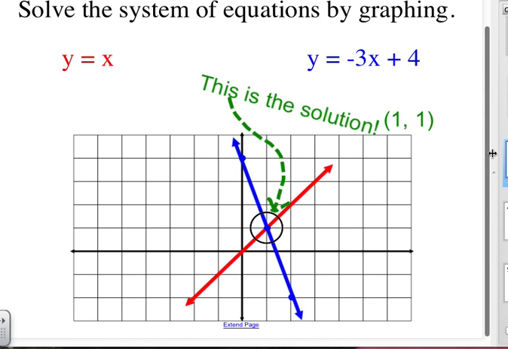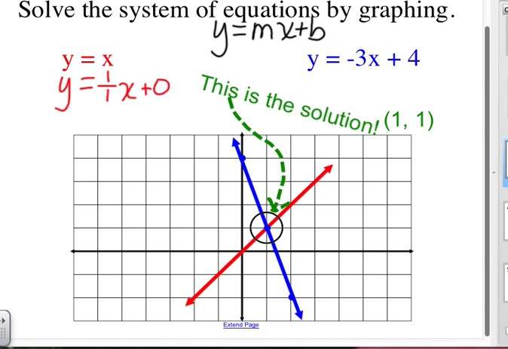Just to make sure we understand from our previous unit, y equals mx plus b, I need to fill in some missing values over here in order to make this look a little bit more familiar to you. What if I were to tell you that y equals 1 over 1x plus 0? Does that look a little bit better for graphing?